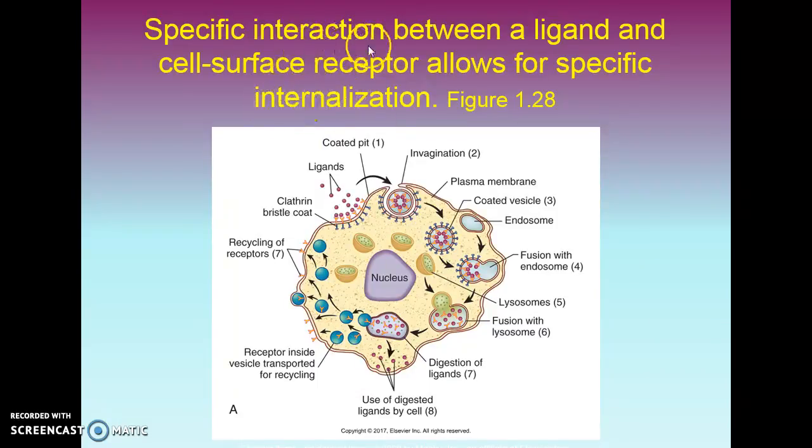All right, here you have specific interactions between these ligands and then the surface receptor. So this is just going to show you the process in which ligands are brought into the cell, how they can be utilized, really just a long process in terms of cell signaling.